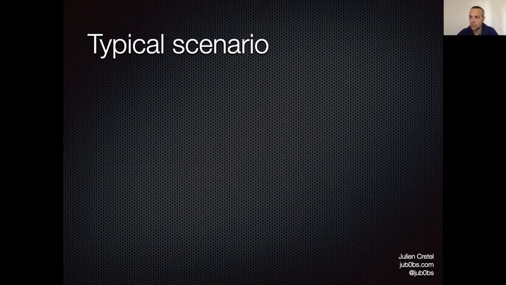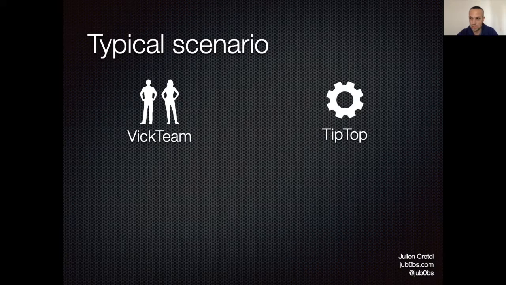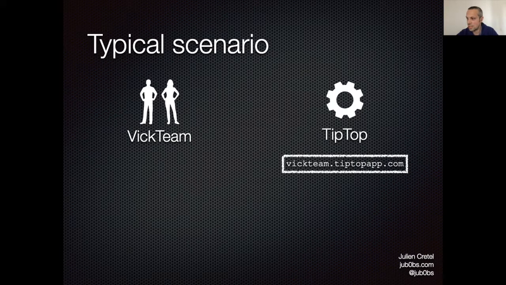So to understand how it works, here's a typical scenario. Let's say that this company, Victim, wants to use a third-party service that we'll call TipTop. And TipTop says, okay, welcome to TipTop, you've created your account, and here is your instance. It's available at this URL on our domain.